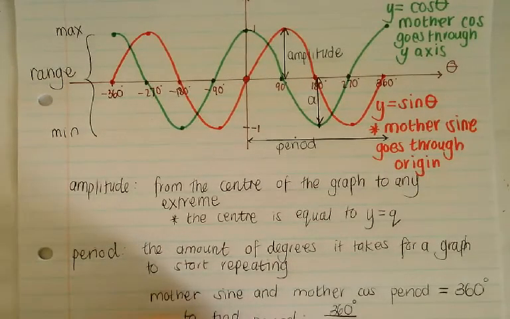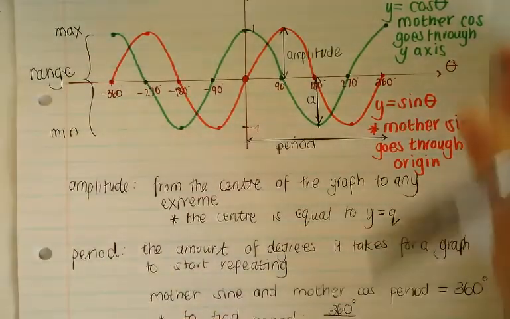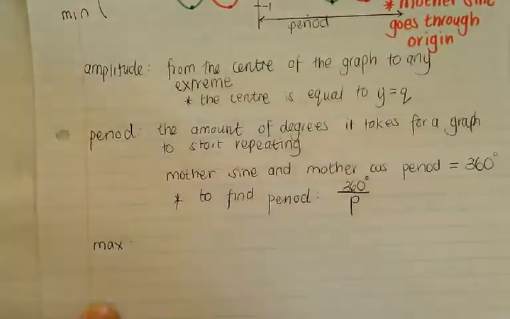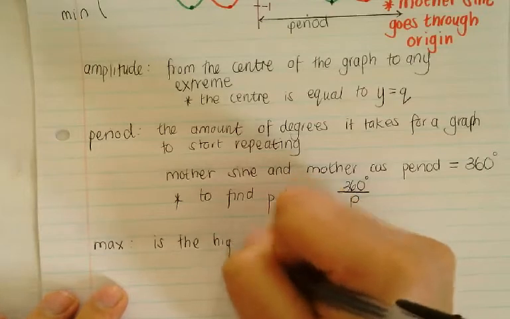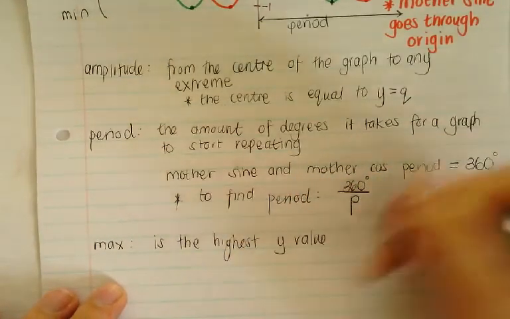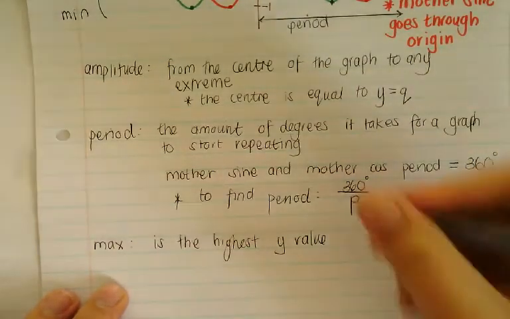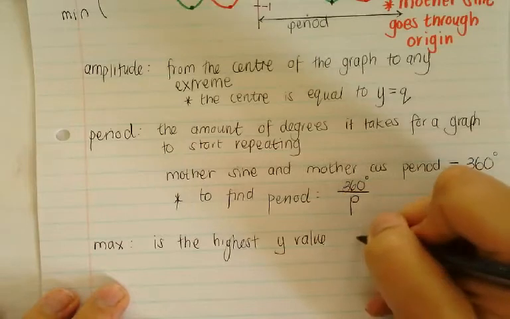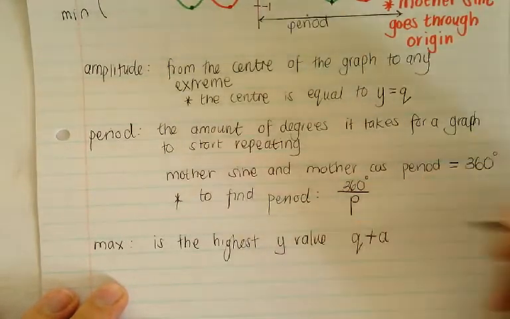Now the maximum value is the maximum y value that you can achieve on a sine or cos graph. Okay, so the maximum is the highest y value. And we can find it by the following: taking my q value from my equation and adding a.